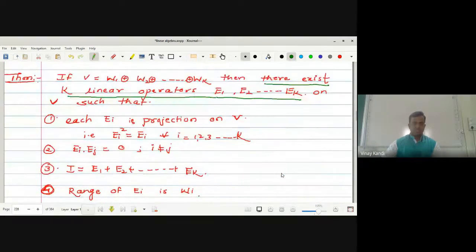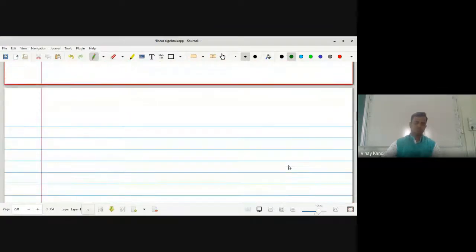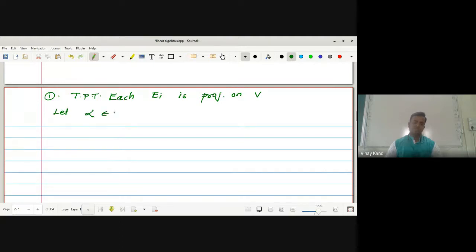Now the first condition we have to prove. What is the first condition? Each E_i is a projection on V, that is, we have to prove that E_i squared is equal to E_i. To prove that each E_i is a projection on capital V, let alpha belonging to V be any vector.